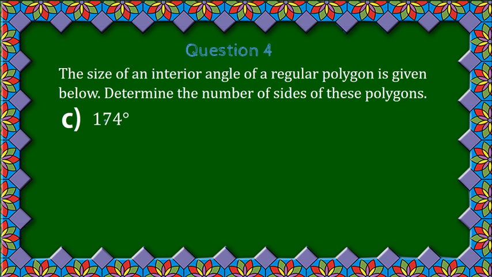And then for C, now our interior angle is 174 degrees, so I equal that to 174 degrees. And once again, same procedure as we did, take the n up.